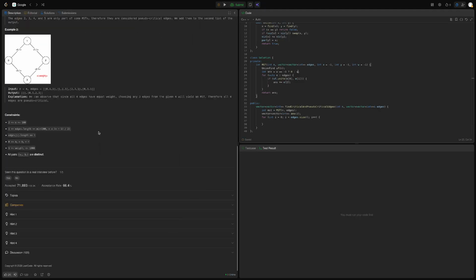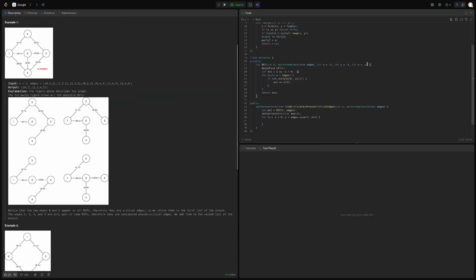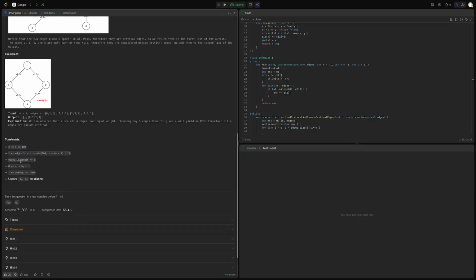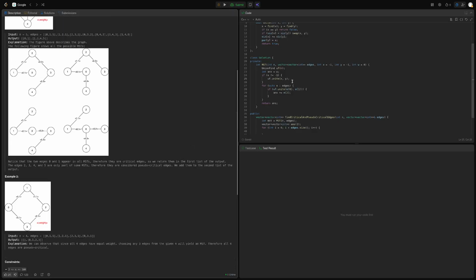Are the weights positive? Weights are positive, so technically I could just do this. But that's okay. And then if x doesn't equal -1, then UF unite x y. How are the vertices numbered here, from 0 to n-1?